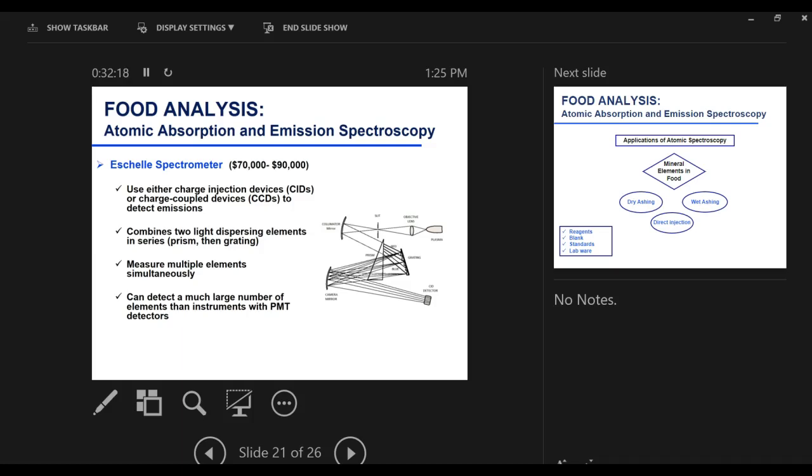So what happens here is your light coming from the plasma is projected to a prism first, and then a grating system. So it gets diffracted into multiple wavelengths, and then projected into a charge injection device where you get detection at multiple wavelengths. So you can detect a much larger number of elements than instruments with photomultiplier tube detector. So it is an expensive unit, but much more efficient than just having a photomultiplier tube.